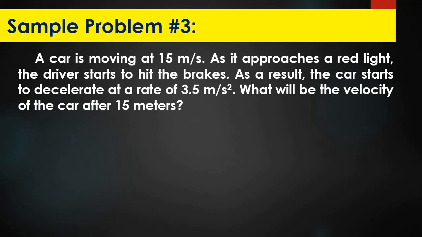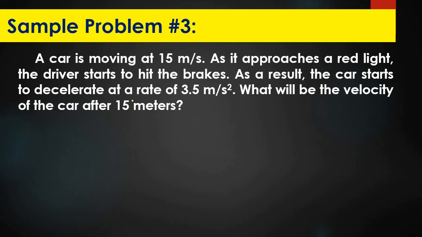A car is moving at 15 meters per second. As it approaches a red light, the driver starts to hit the brakes. As a result, the car starts to decelerate at a rate of 3.5 meters per second squared.